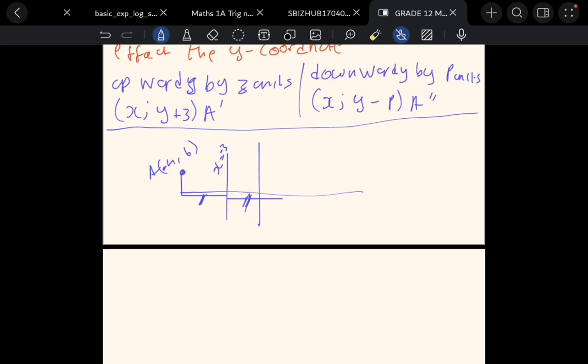If you can notice, if you are reflecting about the vertical line, you are only touching the x coordinate, because the x coordinate's distance in between is going to change, but the y stays the same. If you're reflecting about the x-axis, you are shifting this thing up or down. It's the same thing.